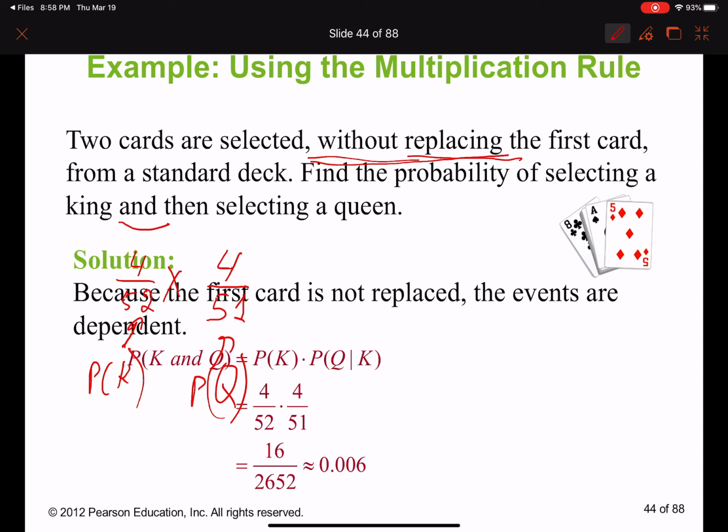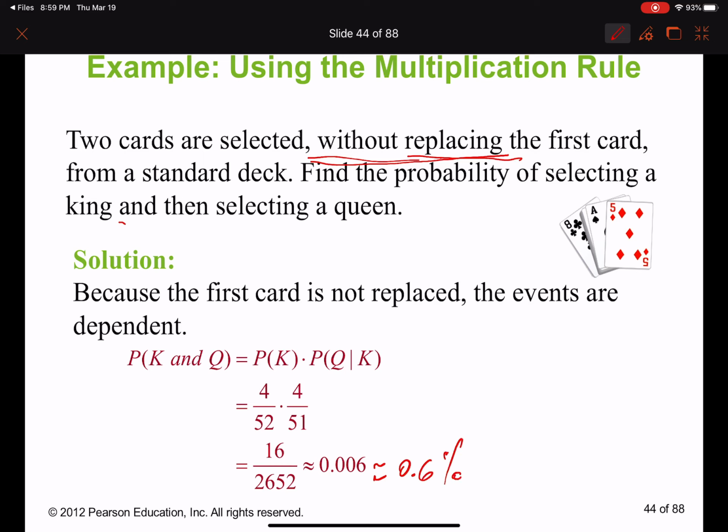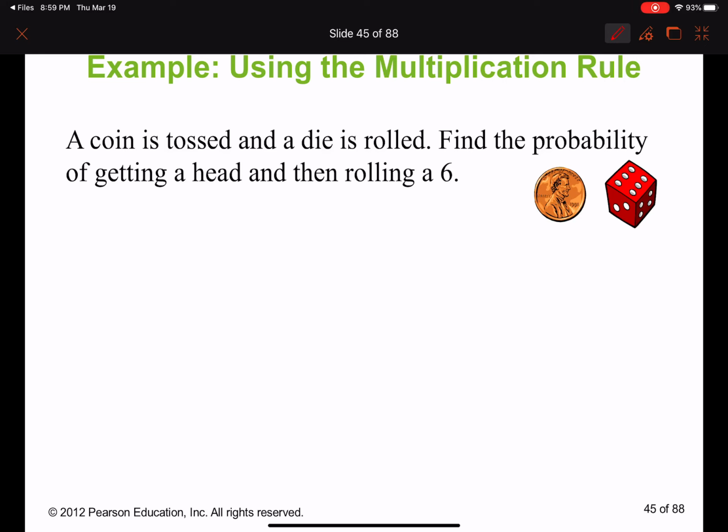So let me clean this so you can have it anyway. 4 out of 52 times 4 out of 51 will be 0.006, which is approximately 0.6%, right? Moving by two positions, 1 and 2, meaning multiply by 100. Next one. A coin is tossed and a die is rolled. Find the probability of getting a head, which is going to be 1/2, and then rolling a 6, which is going to be 1/6.